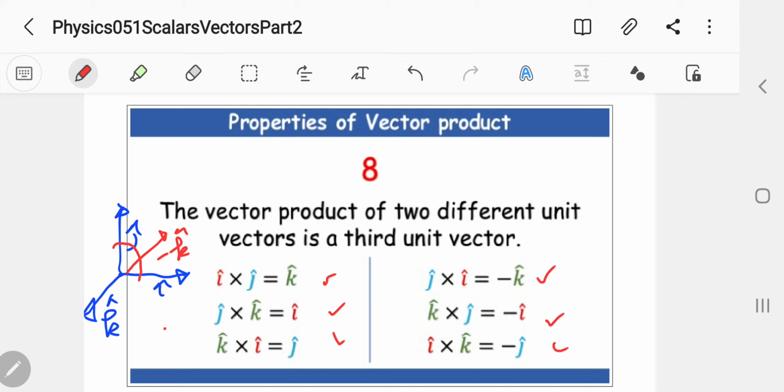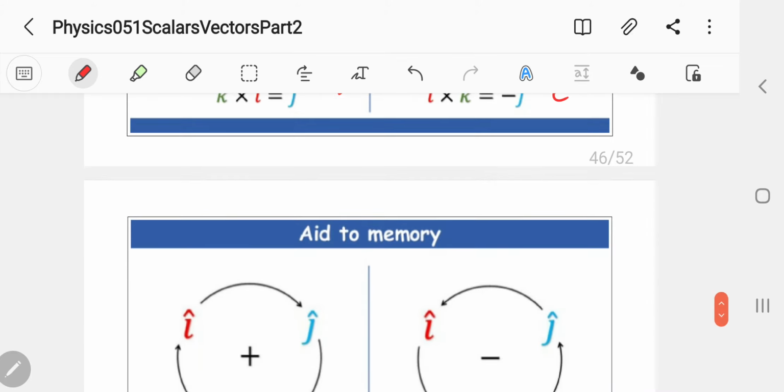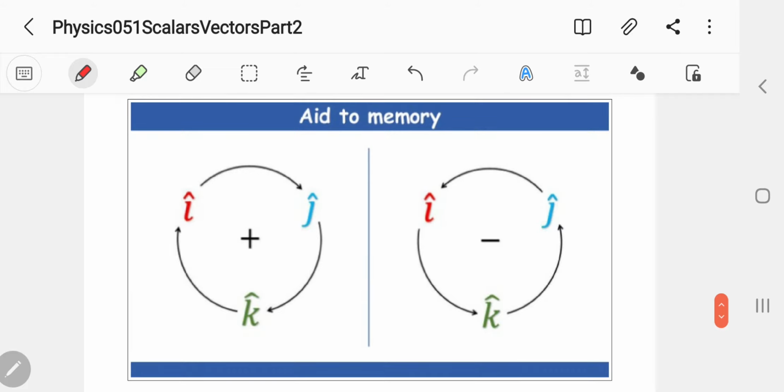You can experiment using your right hand. This is just to aid your memorization of the direction. If you're crossing i to j, it will give you k.